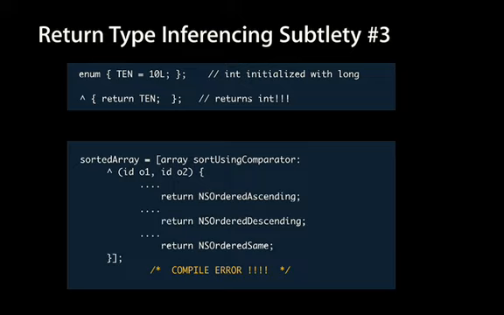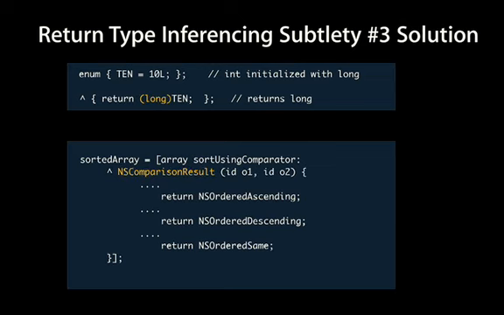And so you can get a compiler error on this on the 64-bit system. And so the solution in these cases, in the first case, casting works pretty well. But in the second case, you really want to put NS comparison result instead of repeating that cast 3 times, wherever you use our recommended return results.